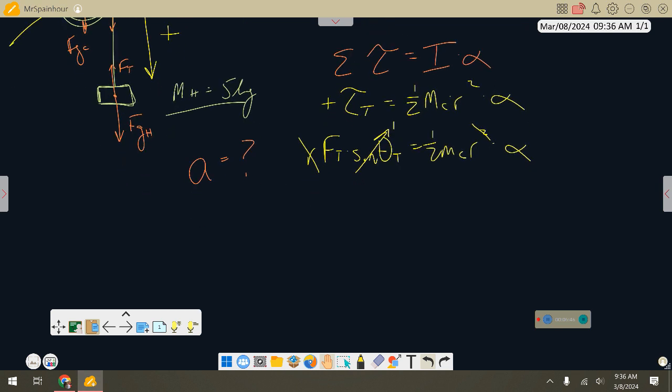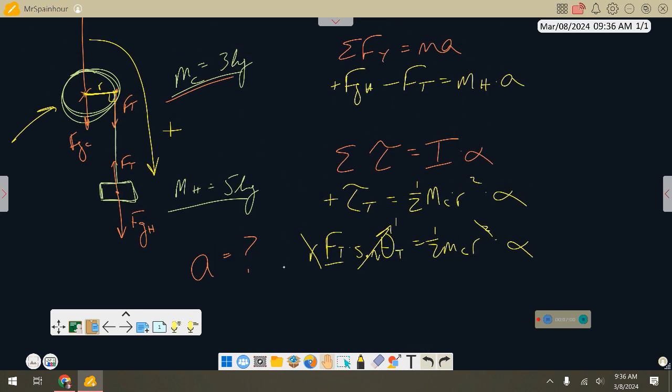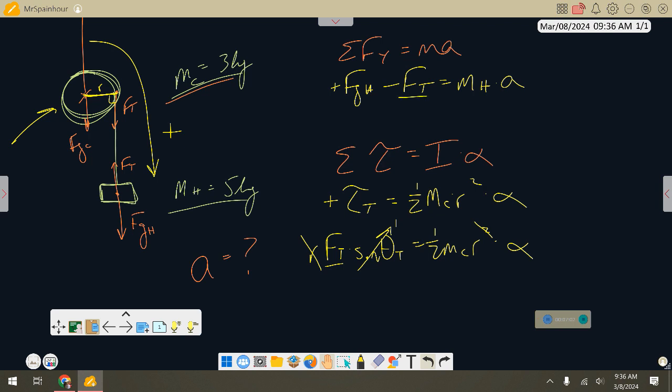Next, you might notice as you look at this equation that we know this guy, and we don't know radius actually yet, and we don't know force tension, and we don't know alpha or angular acceleration. Now, to get 2 equations, 2 unknowns, we need to have the exact same 2 unknowns. So we have force tension and acceleration up here, and we have force tension here, but we don't have acceleration.